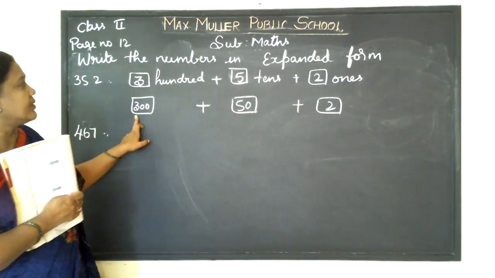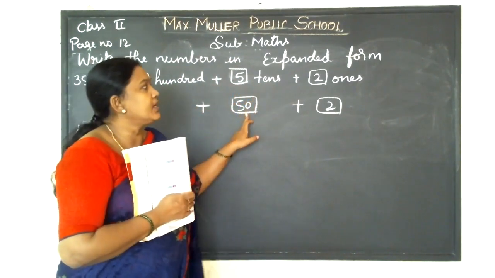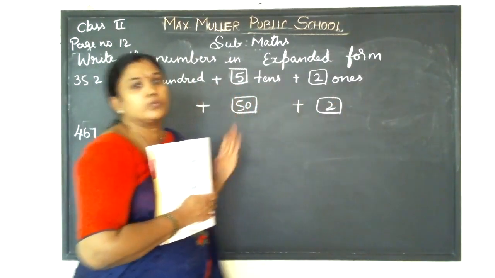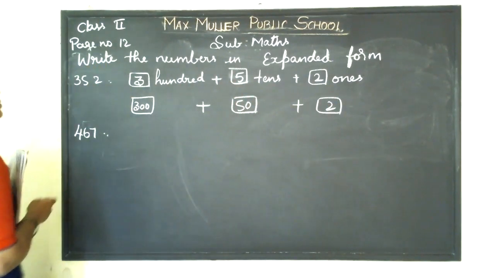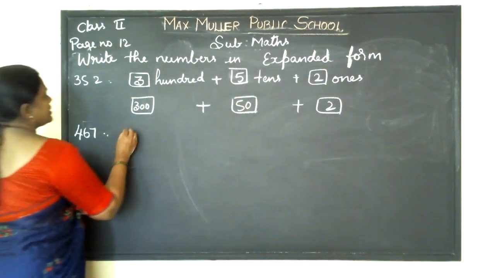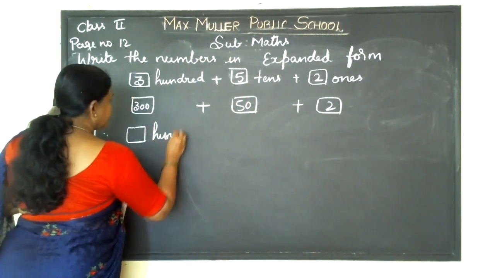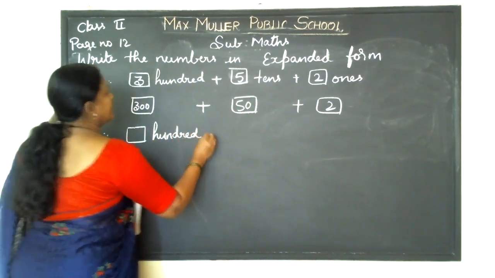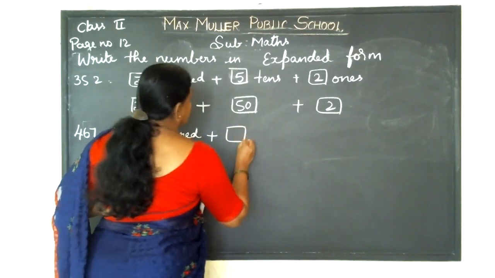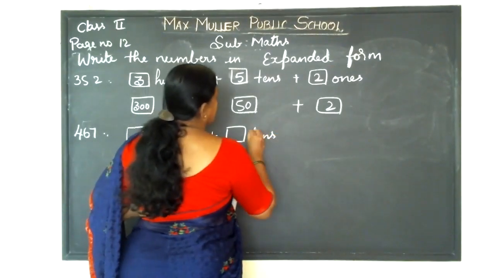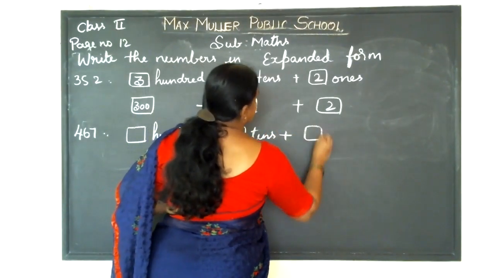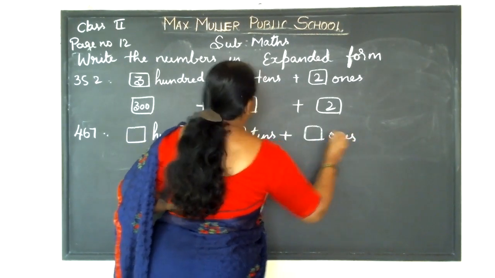See, 300 we wrote, no. 5 tens means 50. 2 ones means 2. 2 is a single digit number, so 2. 467. 100 plus tens plus ones.